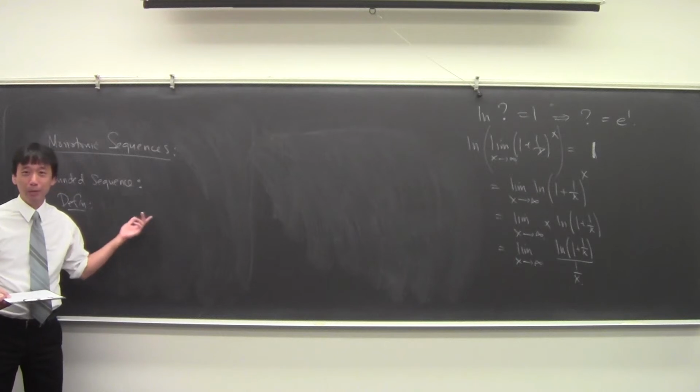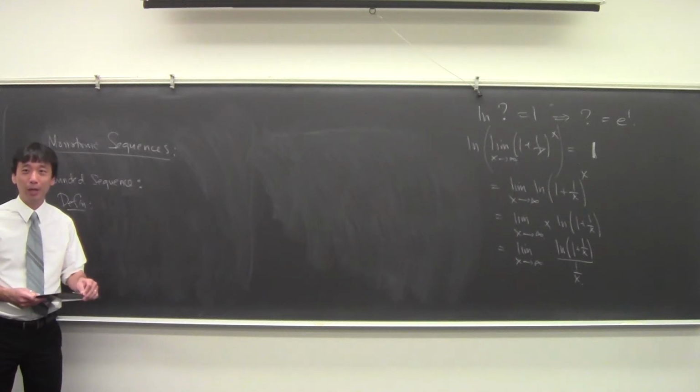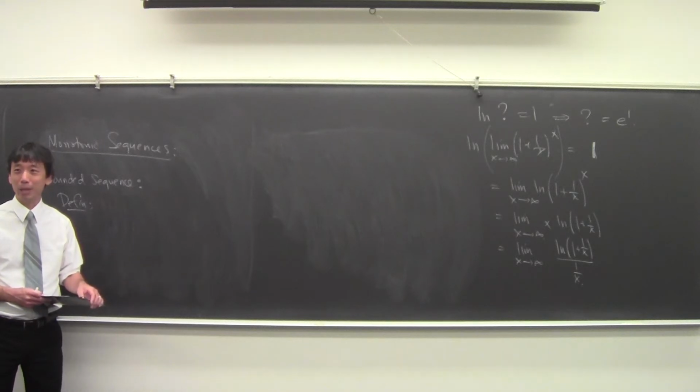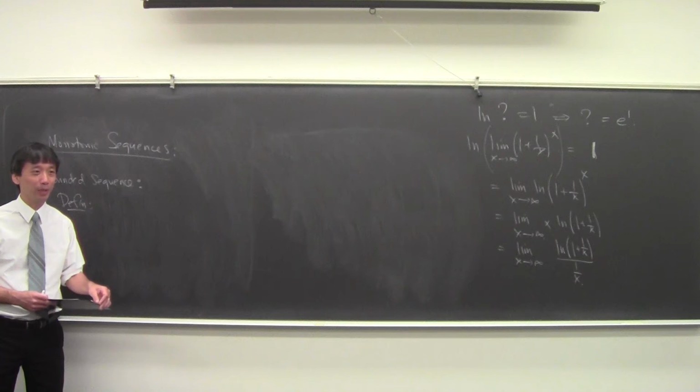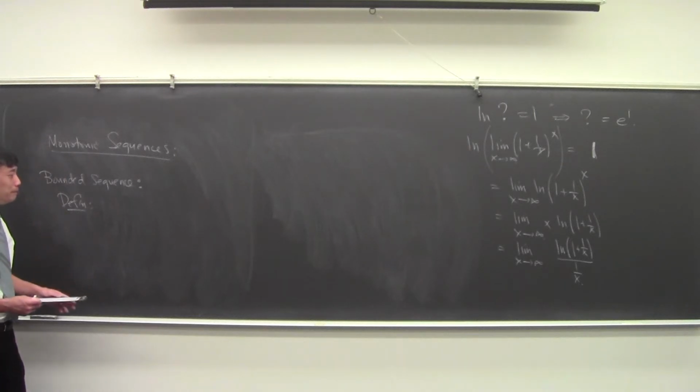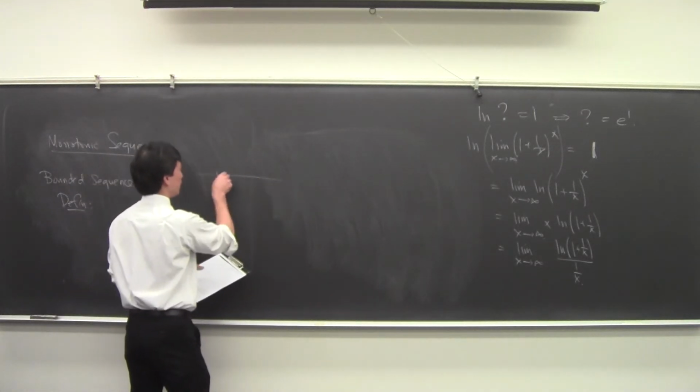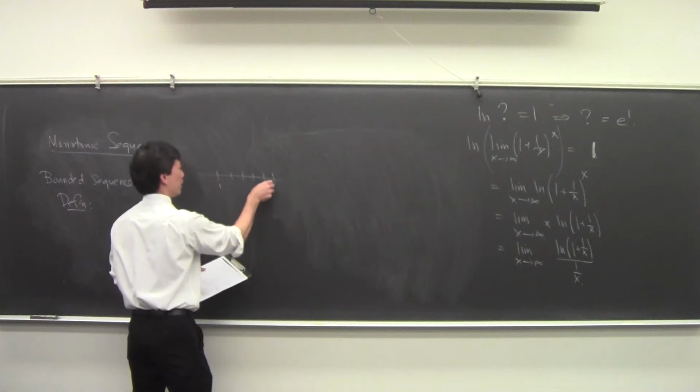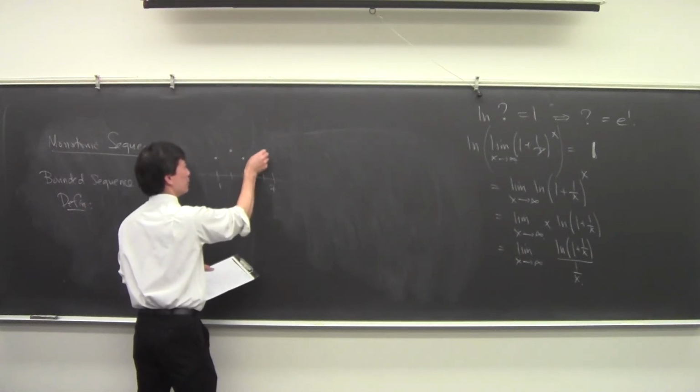What do you think a bounded sequence ought to be? From the word bounded, what do you think a bounded sequence should be? Anybody make some guess as to what it is? Elizabeth? Does it have a beginning and an end, like a sequence between 1 and 7 or something? Do you mean a sequence that sort of stops?